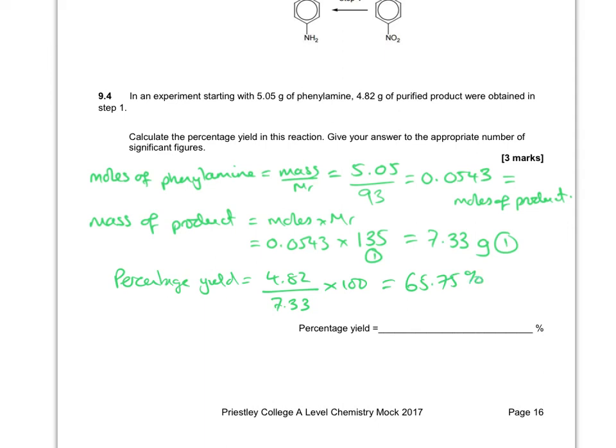Now we need to do it to the right precision. That's 3 significant figures, and that's 3 significant figures, so our answer should be to 3 significant figures. So it's 65.8%. Just be really careful, because this "give your answer to the appropriate number of significant figures" seems to be cropping up a lot across the AS and A-level papers. It's something you will lose a mark on if you don't do it correctly.